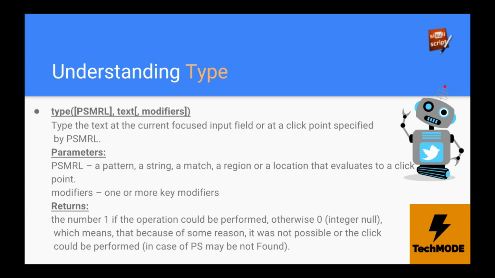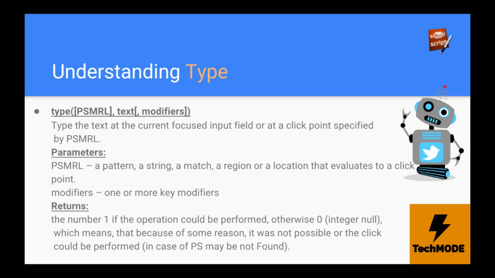The third one is understanding type. Type is used if you want to type something on your screen, for example, if there's a particular input box in a form that you are going to submit. You pass a pattern, string, or match in the first parameter, and the second parameter is the string of text that you want to type. For example, if I want to pass my name Pramod in the name field, I first pass the pattern or match image, and the second one will be Pramod.